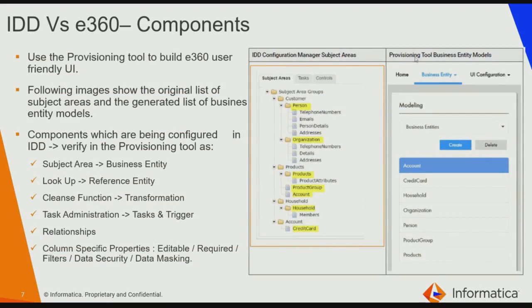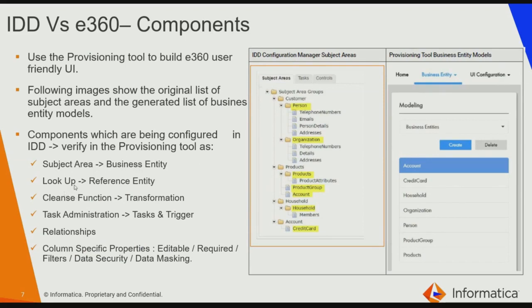If you see the right side of the diagram, we have subject area IDD config based on the subject area configuration. On the right side, we have the provisioning tool for business entity modeling. In IDD we are using subject areas; something similar, we use business entities in the provisioning tool.